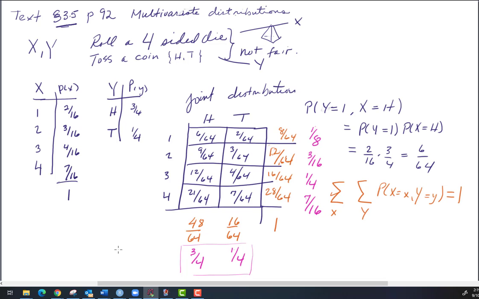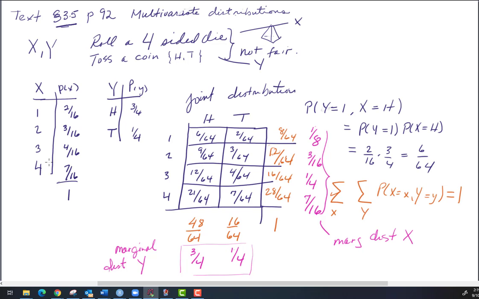So a reason for doing this is I want you to pay attention to this, because this is called the marginal distribution. And what did we call the coin? This is the marginal distribution for y. And this piece is the marginal distribution for x. Now compare these two marginal distributions to the original distributions for x and y.